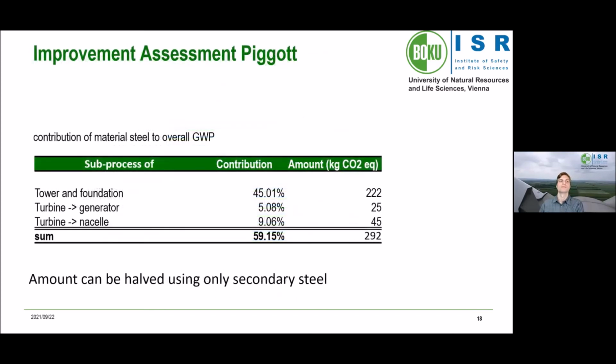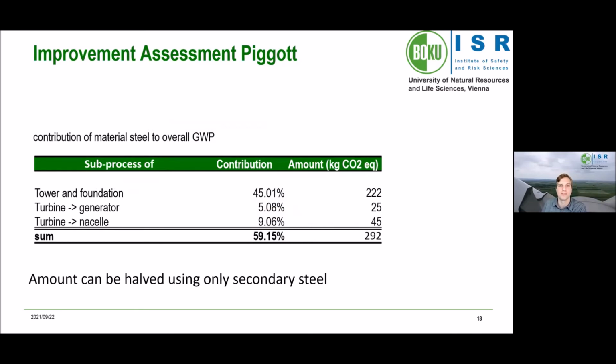Now to have a look into detail here at the contribution of steel to the overall global warming potential. It's actually mostly the tower, and then we have a bit in the generator, of course, and a bit in the nacelle for the Piggott turbine here.